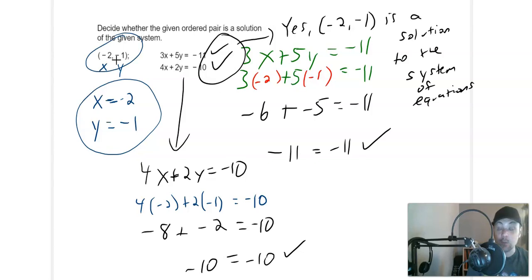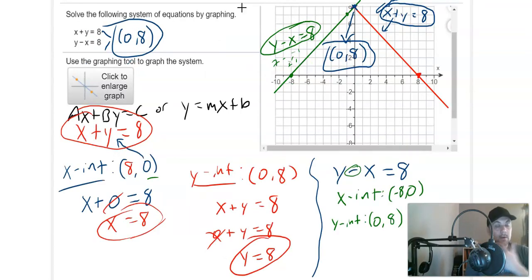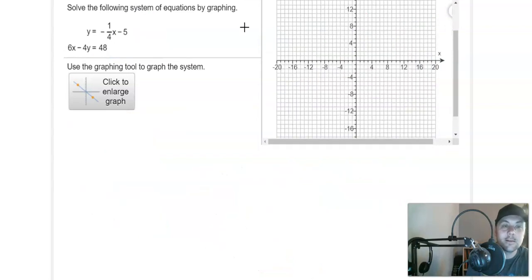These are linear equations, so this is the only solution to this system, because two lines can only cross each other once, with one silly exception that maybe we'll talk about on a later example.